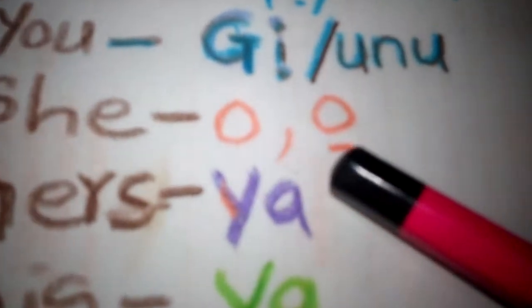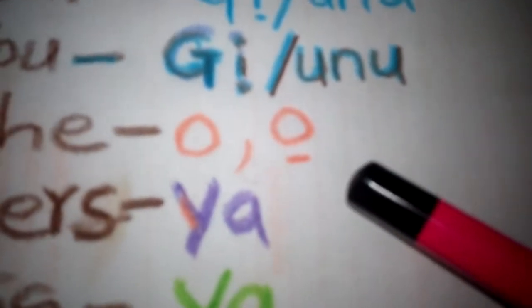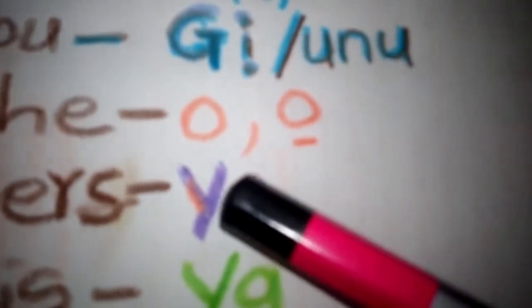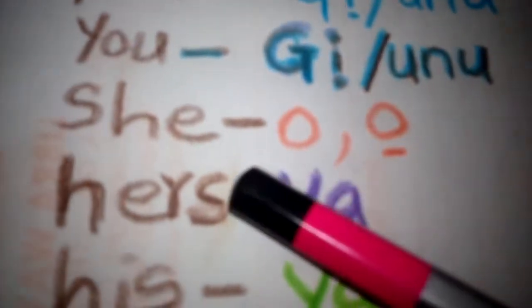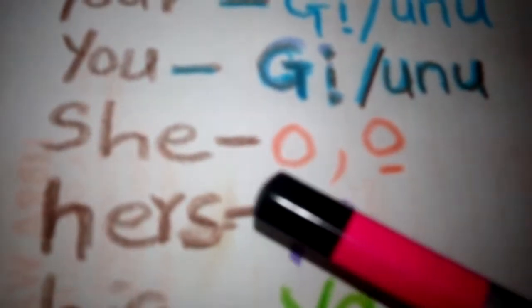This o and ọ depends on the vowel harmony. Remember, I taught you about the vowel harmony in the last video, or last two videos. So check out the video.